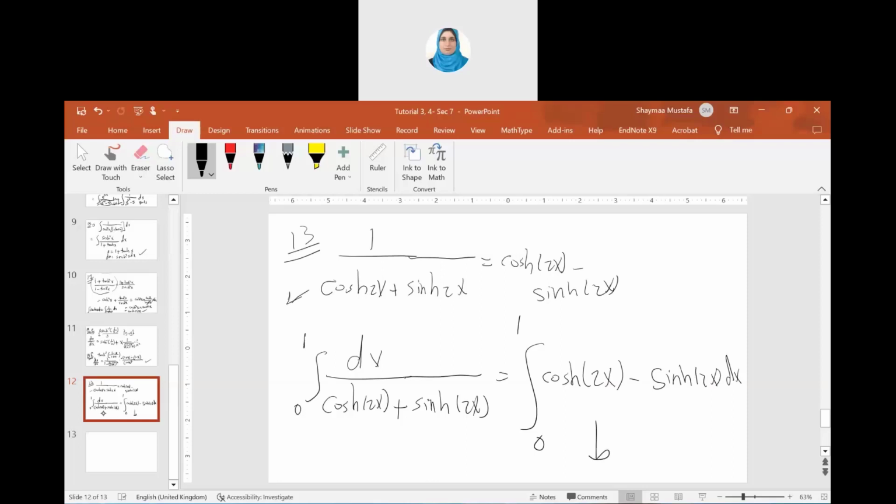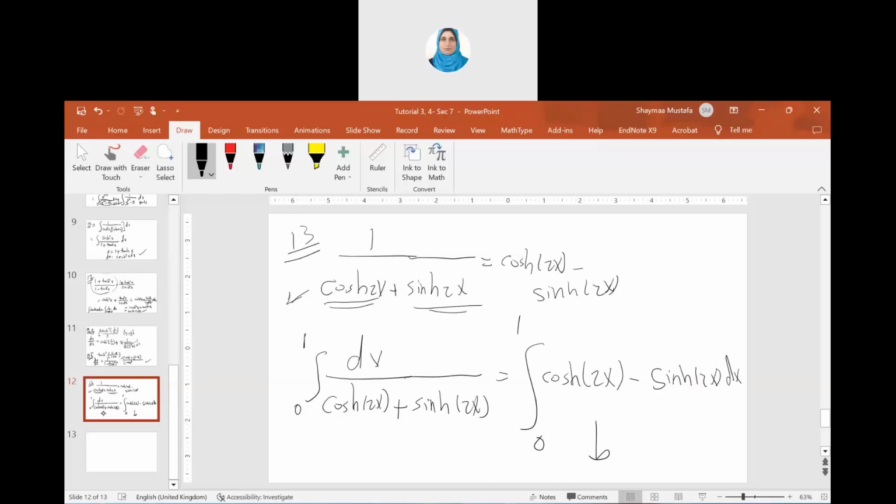How to prove it? Use the definition of cos 2x and sin 2x. It's just normal calculation. If you still have problem doing it, you can WhatsApp me and I can solve it for all of you, because this one needs calculation.